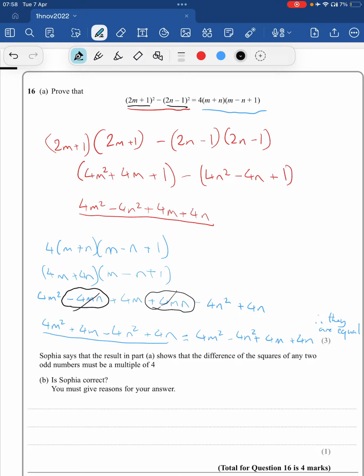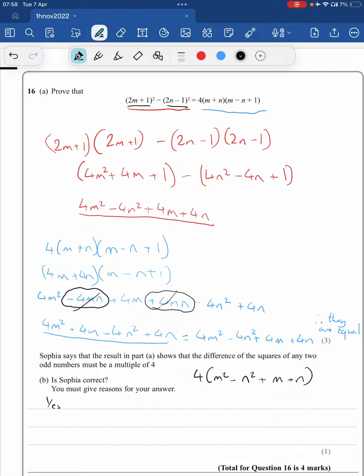Well, to prove something is a multiple of 4, I have to prove that it's divisible by 4. And the way to do that is if I were to factorize out 4 from this equation, I'd be left with 4 lots of m squared minus n squared plus m plus n. And I can see, yes, that must be a multiple of 4.